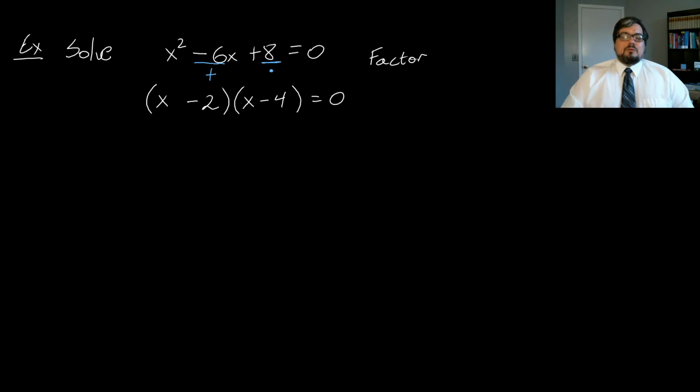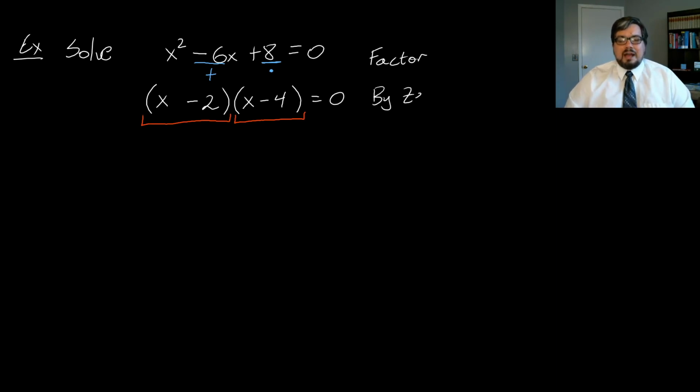And so we've rewritten the left-hand side of our equation in the form x minus 2 times x minus 4 equals 0. Well, let's see why that helps. We've now written this left-hand side as one expression times another expression equals 0.